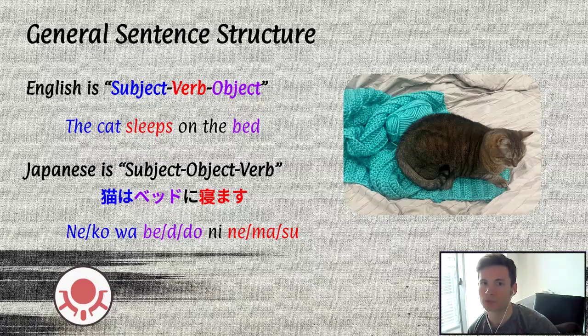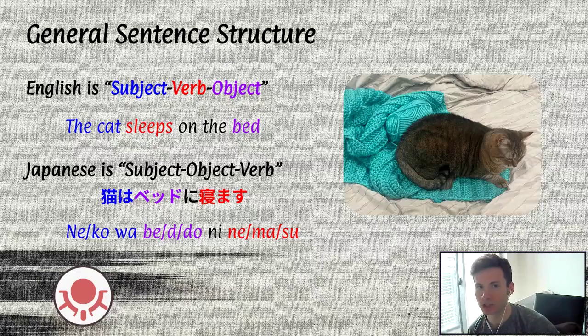So if we take the sentence, the cat sleeps on the bed, the cat is the subject of the sentence. Sleeping, or sleeps, as it's conjugated, is the verb of the sentence, and the bed is the object of which the verb is being performed by the subject. Well, in Japanese, it's a little different.